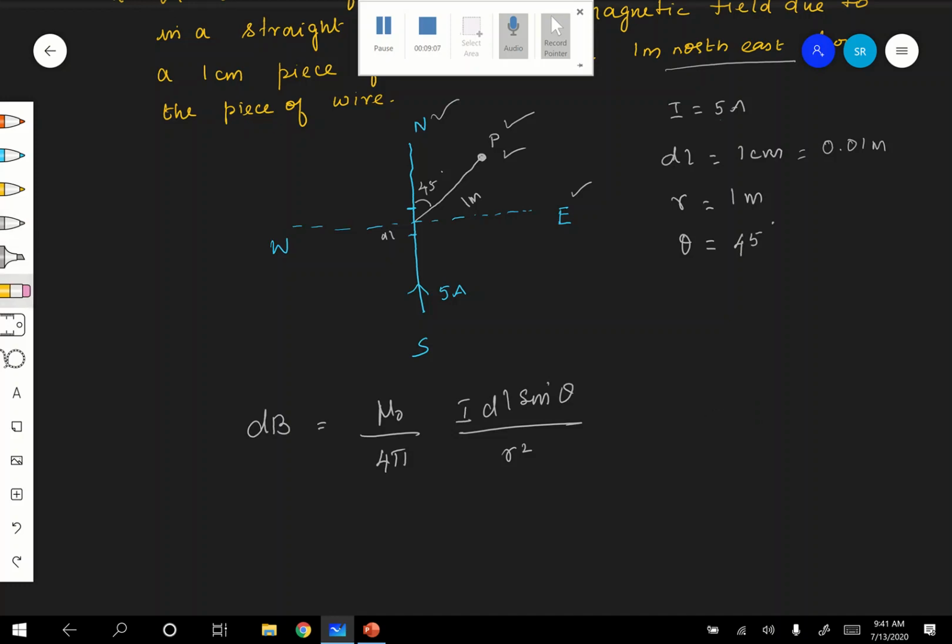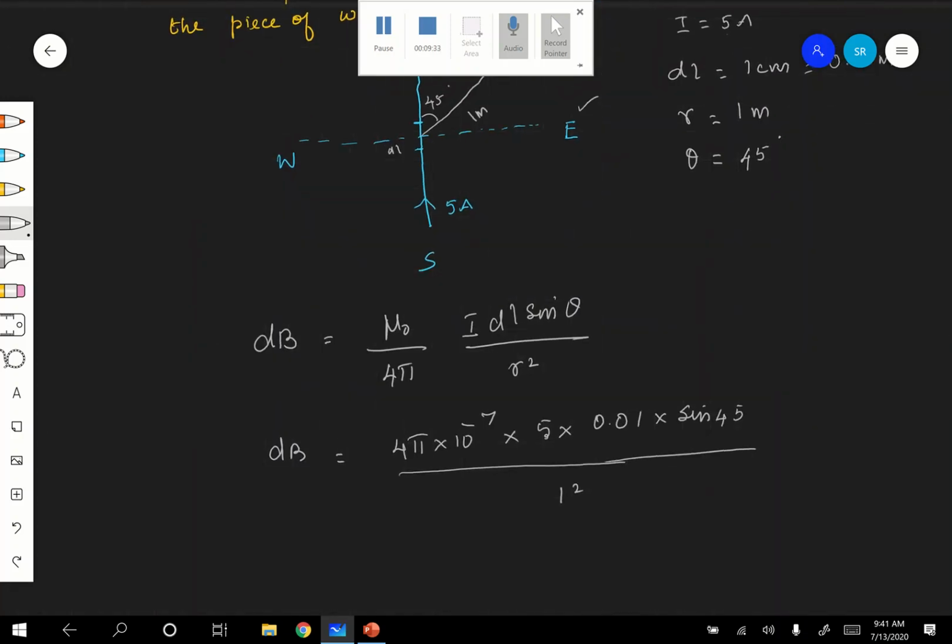Let me apply. Here dB is equal to 4 pi into 10 power minus 7 into I is 5 into dl is 0.01 into sine 45, divided by r square, r is 1 only, therefore 1 square.